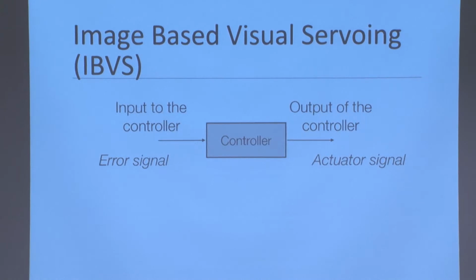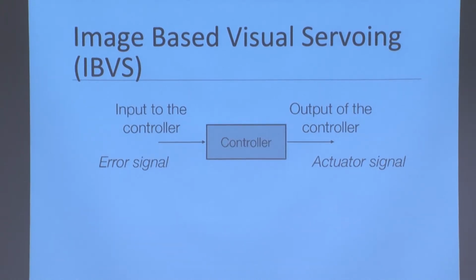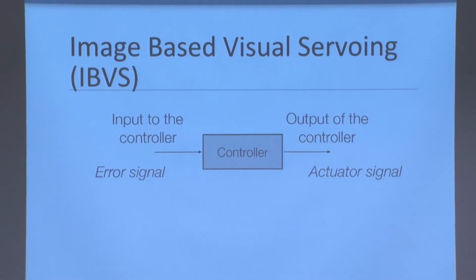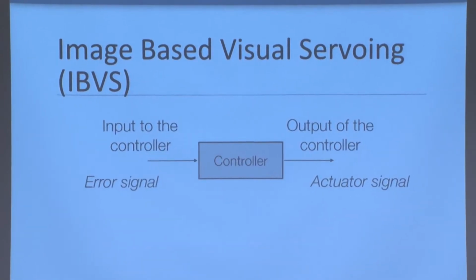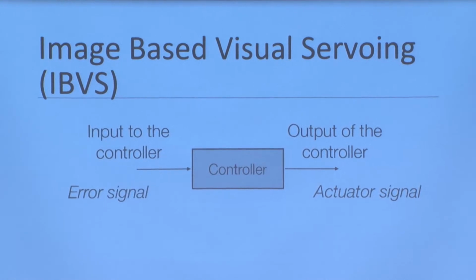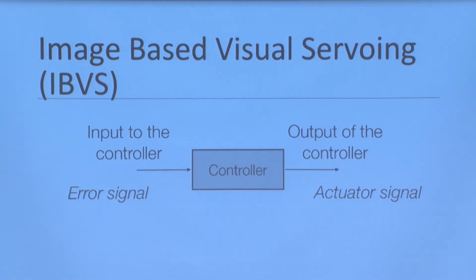So now we're going to get back to image-based visual servoing. We're going to try to tie the control stuff we were just talking about, the P controller, the PID control, to our original problem, the line following or parking at a cone.